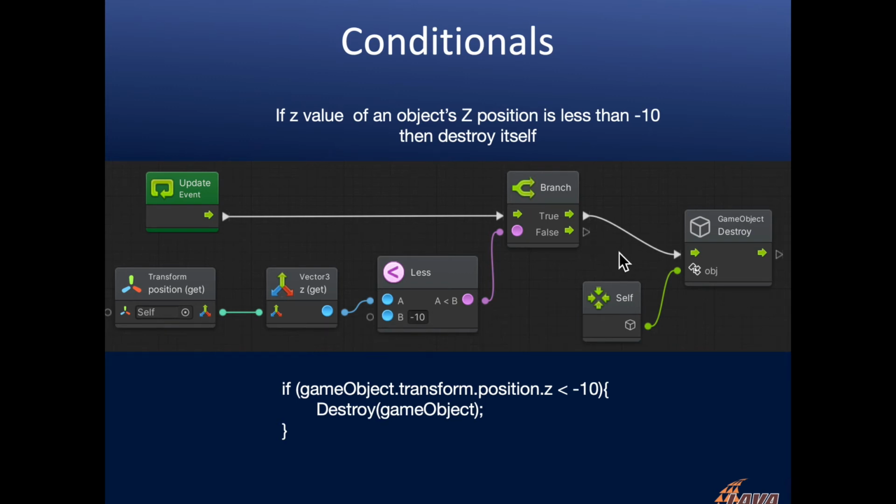Okay? And so this last node will get invoked whenever this branch is true, and this node happens to be destroy. And what are we destroying? You're destroying yourself, the game object itself. So you can get a self node and you can feed the output directly into the object that you want the game object to destroy.